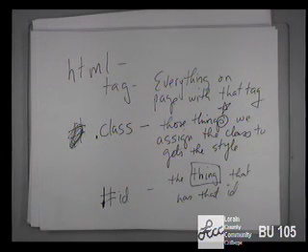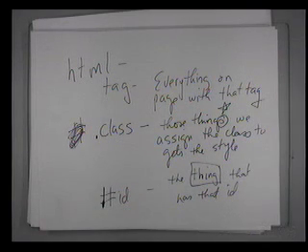Let's go over a little example of mixing HTML tags with IDs and classes. I'm going to save this example for now, and I'm going to go make a second page that has a bunch of paragraphs in it.